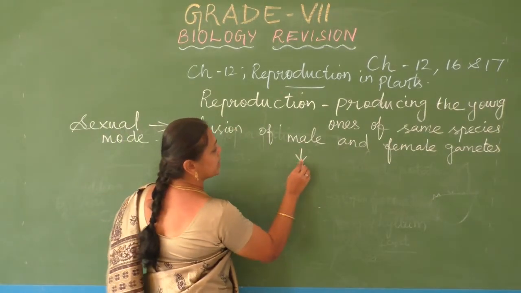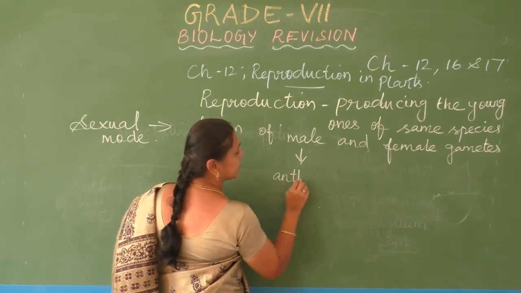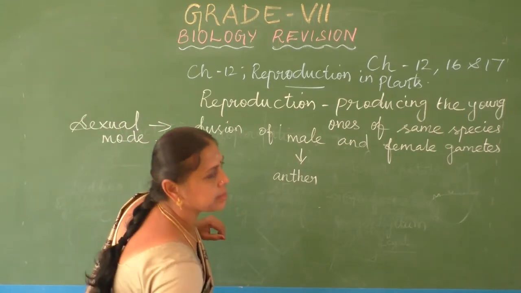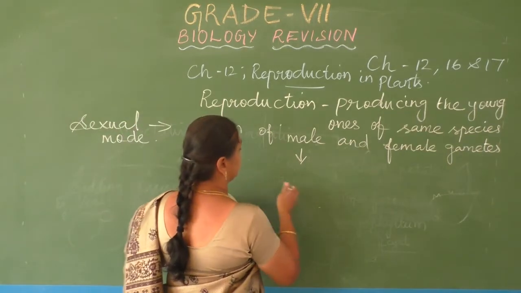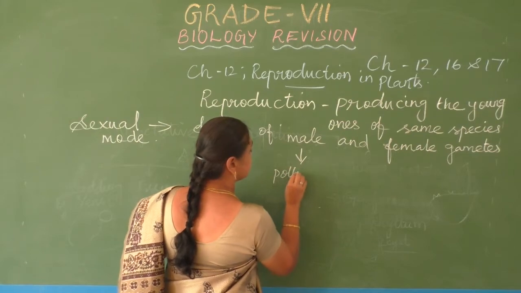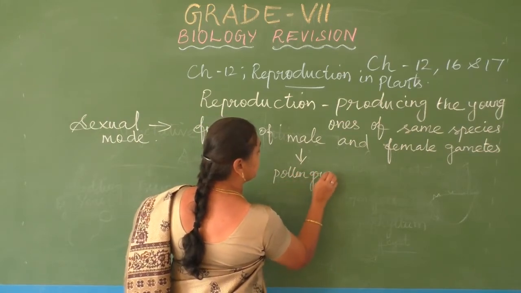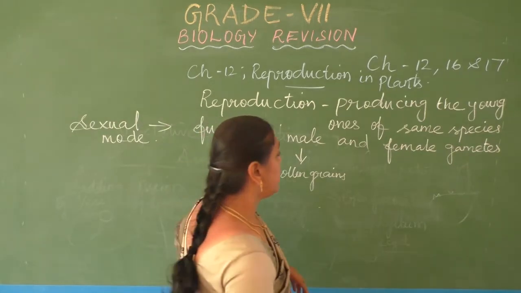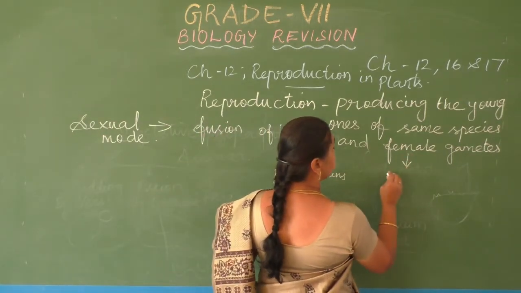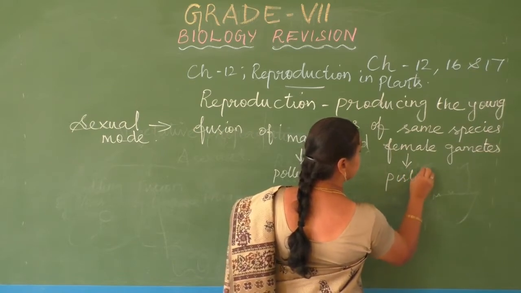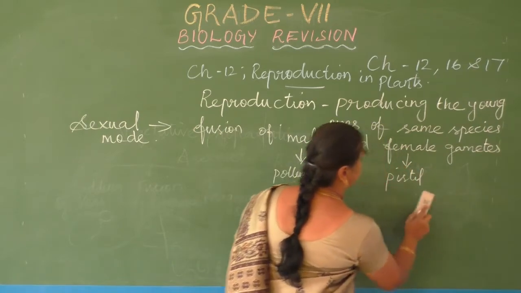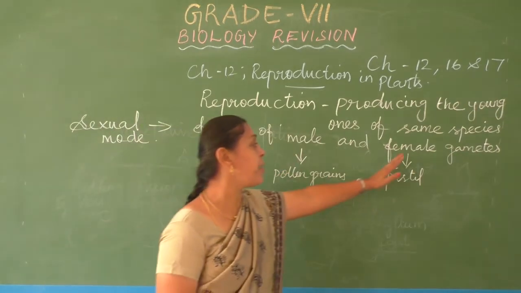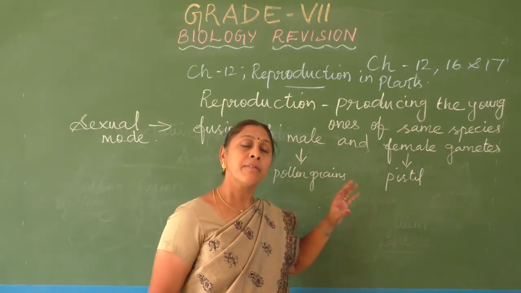The male part is nothing but the anther or the pollen grains. And the female part is the pistil. So these are the male and female parts of a flower.